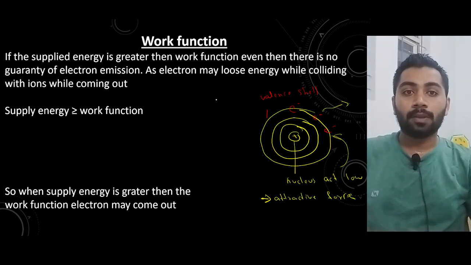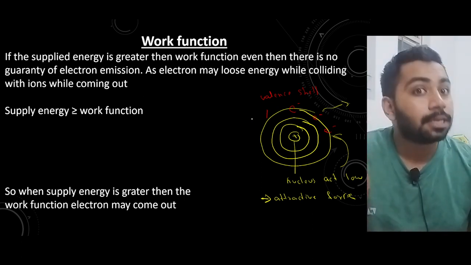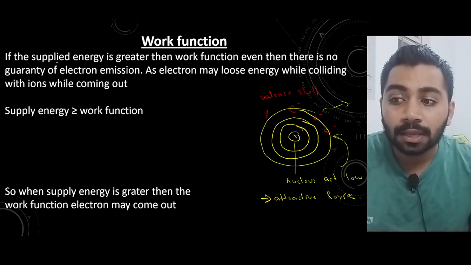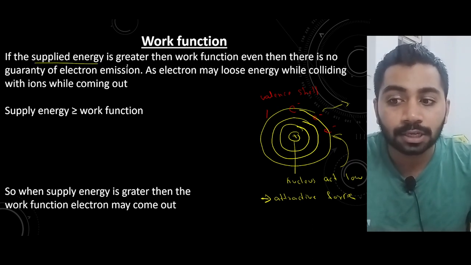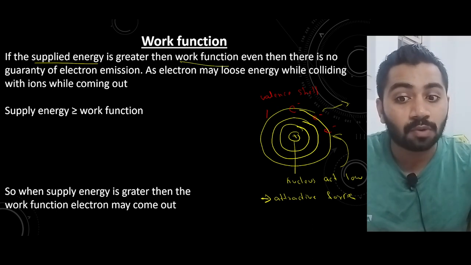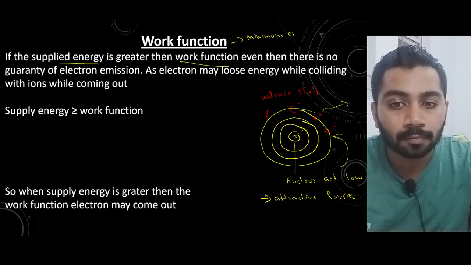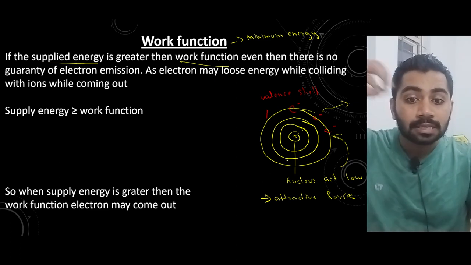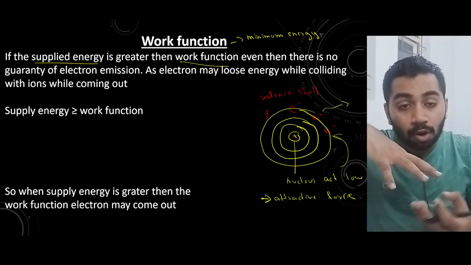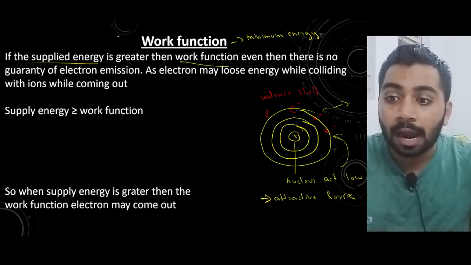Work function means minimum energy. We are giving some energy opposite to this small attractive force. That energy we call the work function, and it is denoted by phi.